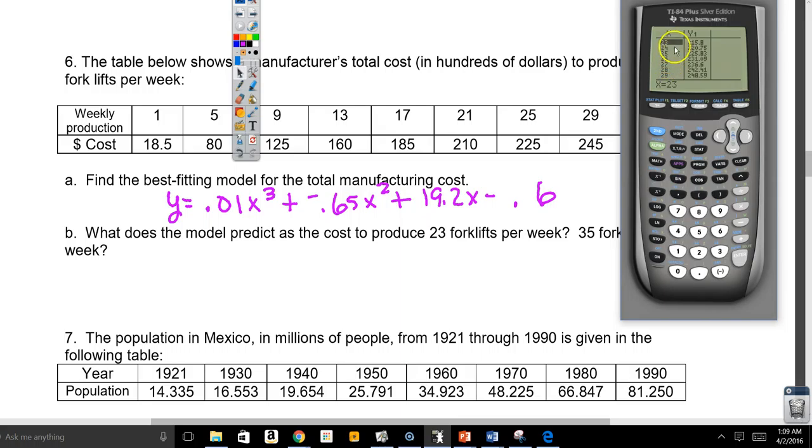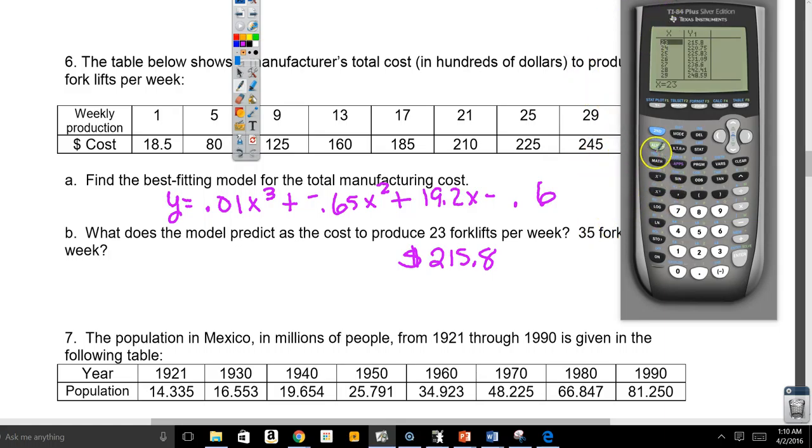So x equals 23, y equals 215.8. So the cost to produce 23 forklifts per week is 215.8 in hundreds of dollars. So $215,800.